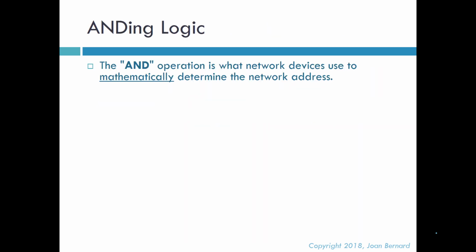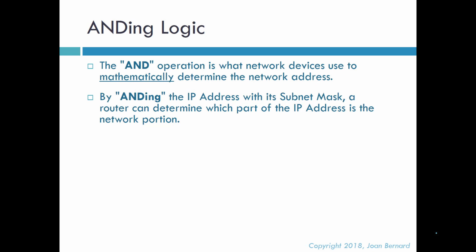The AND operation is what network devices use to mathematically determine the network address. By ANDing the IP address with its subnet mask, a router can determine which part of the IP address is the network portion. This is important because a router is going to receive a packet.